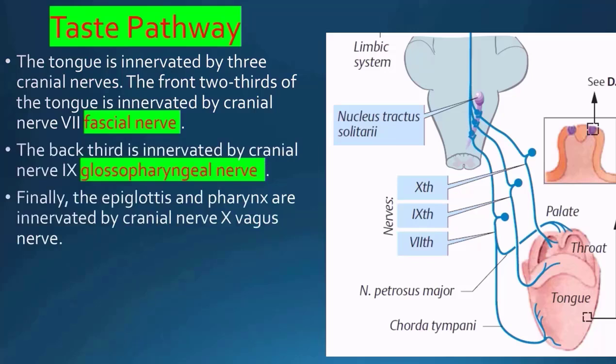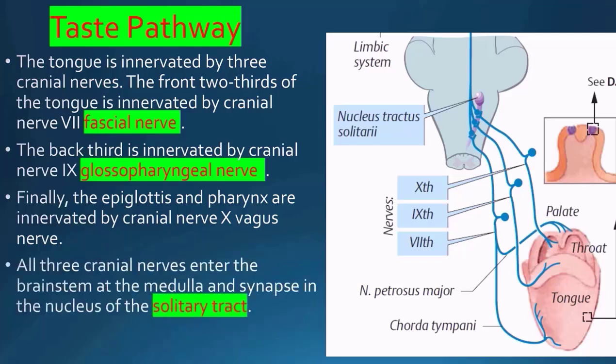Here you can see that this is the anterior two thirds of the tongue, which is innervated by the facial nerve, and the posterior one third is innervated by the 9th, the glossopharyngeal, and the epiglottis and pharynx are innervated by the 10th nerve, the vagus nerve. They carry sensation from these areas.